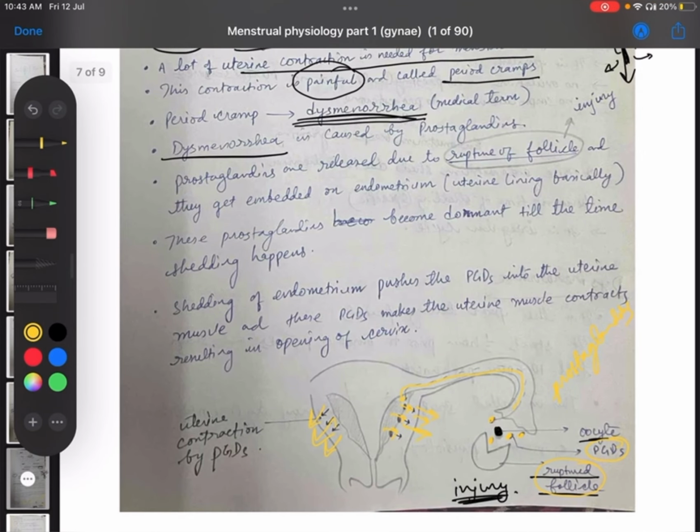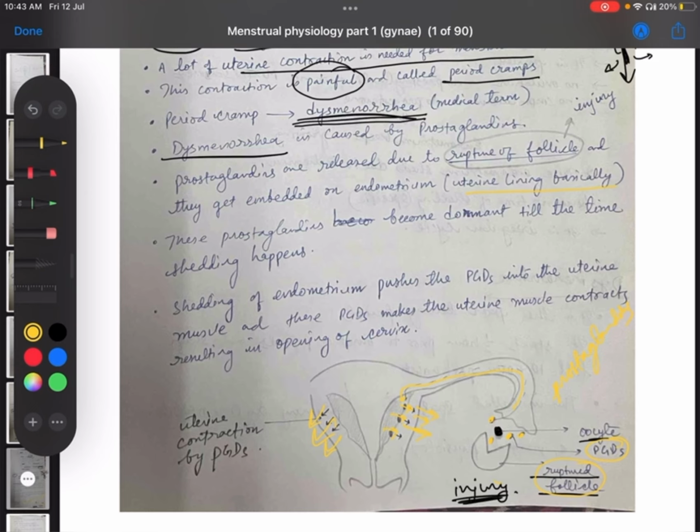So basically, what is dysmenorrhea? Prostaglandins are released due to rupture of the follicle, which is an injury. They get embedded on the endometrium, the uterine lining basically. These prostaglandins become dormant. On the first day only, when ovulation took place, the prostaglandin will be released because it is an injury to the follicle, isn't it?